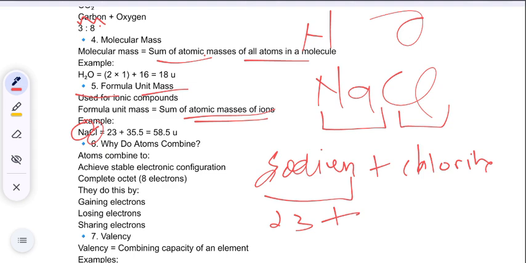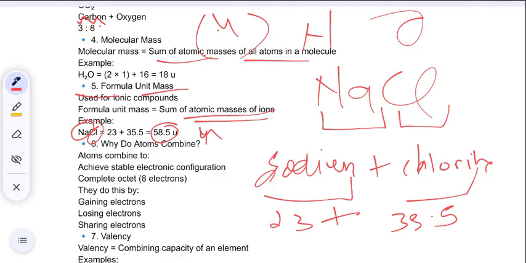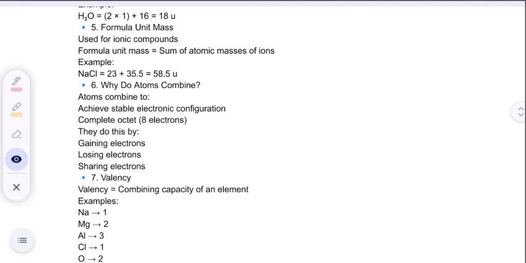Atomic mass of chlorine is what? 35.5. Sum it, what will you get? 58.5 u. Again, u is used for denoting it. Whenever you use any unit in this whole chapter, it is u, small u. Understood?